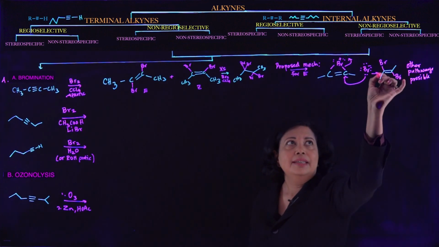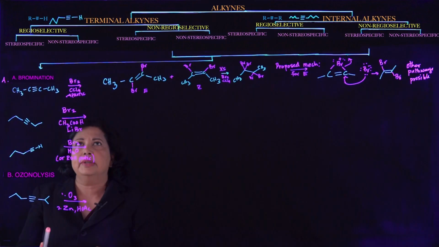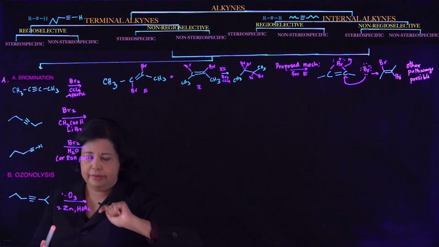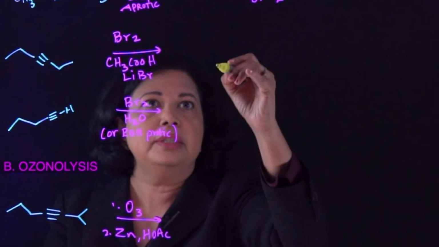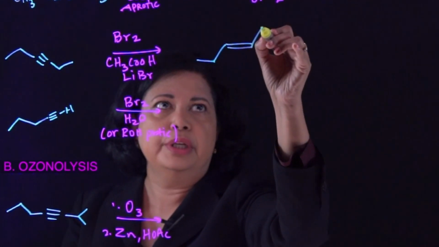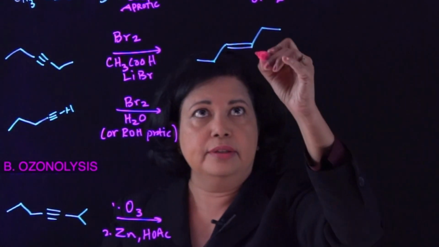All right, let's look at what happens if we modify our reagents a little bit. So here's the same bromine, but when we put acetic acid and lithium bromide, now you see a huge difference in the product distribution here. You're getting almost 99% of this.